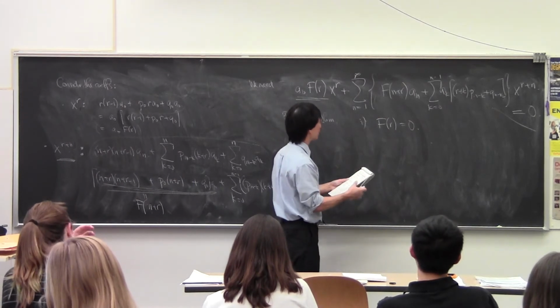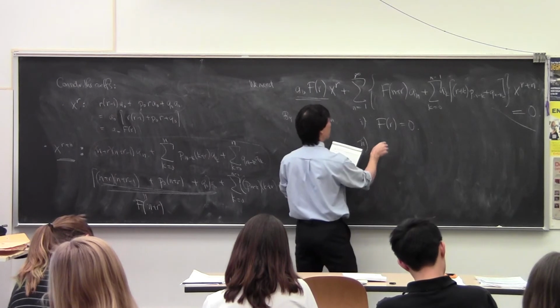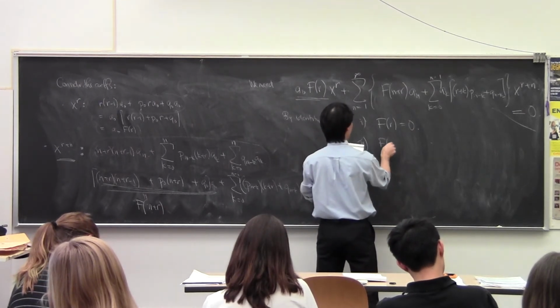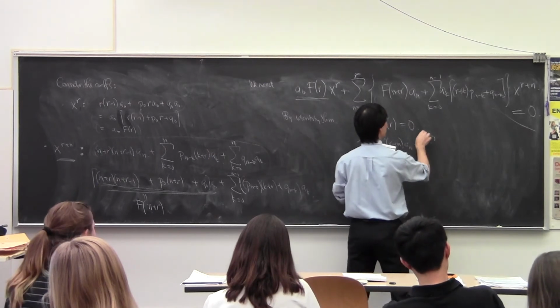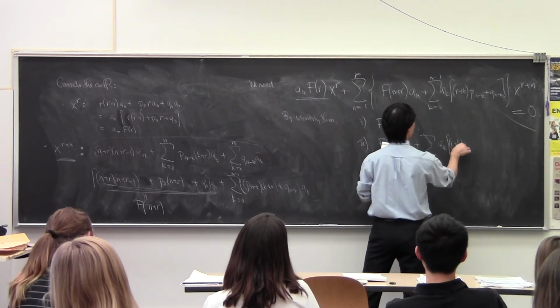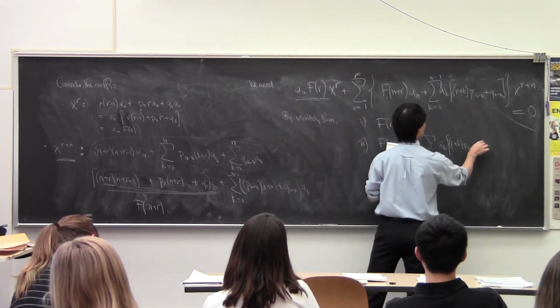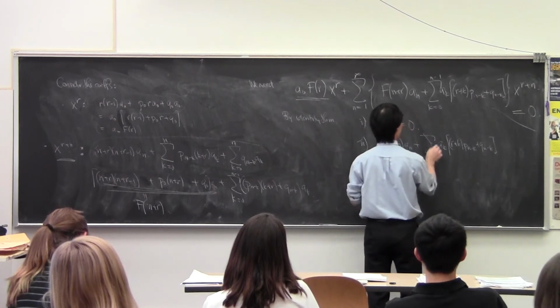And further, we know that f of r plus n times a sub n plus the sum of a sub k times (r plus k) p sub n minus k plus q sub n minus k equals 0, with k from 0 to n minus 1.